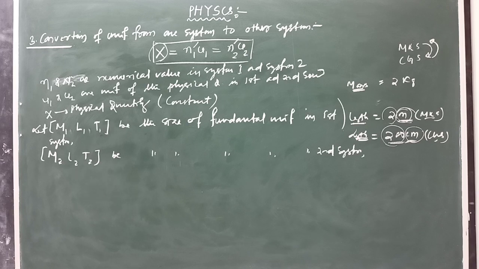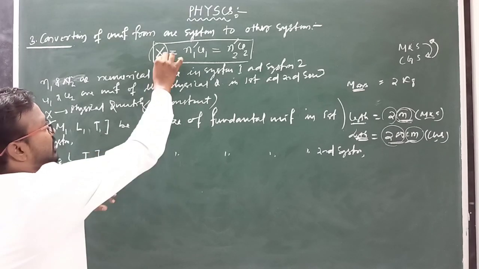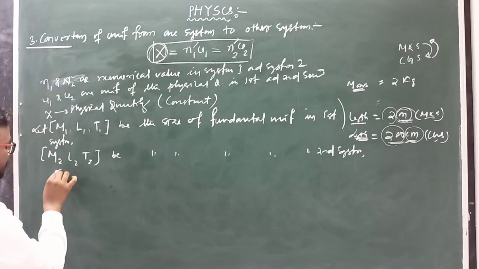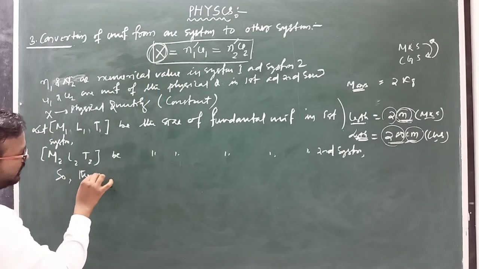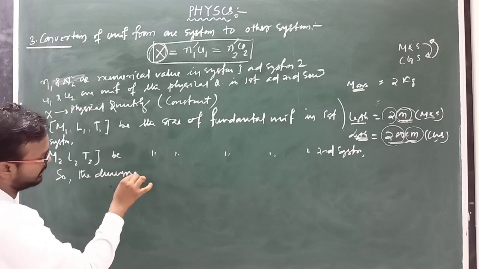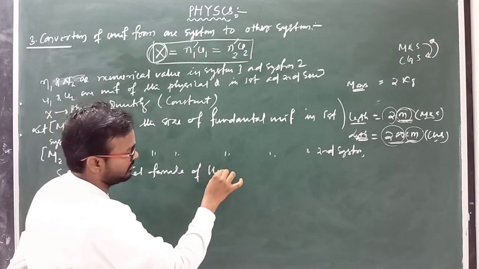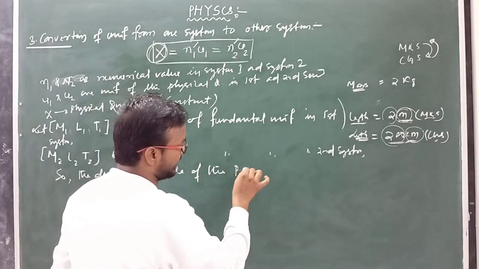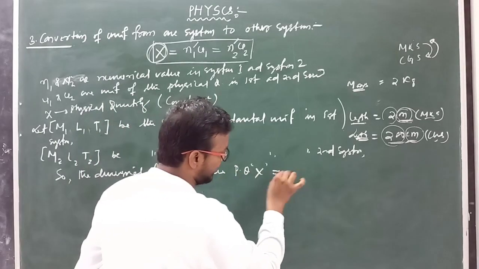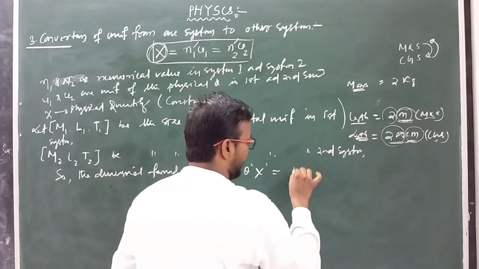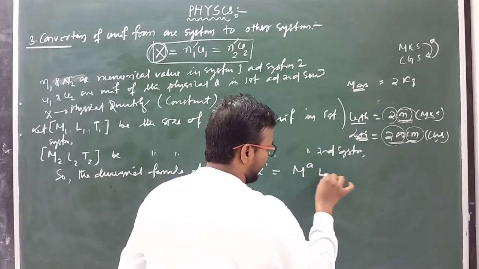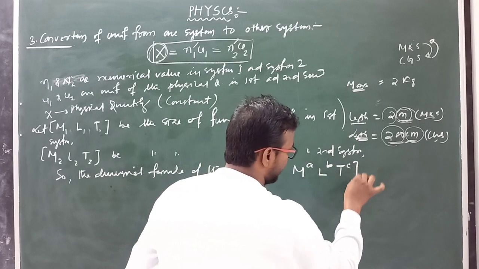And there is another term, U. Sorry, U means unit. So the dimensional formula of the physical quantity X can be written as M^a L^b T^c.